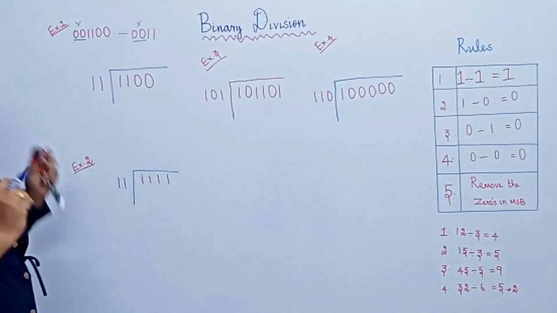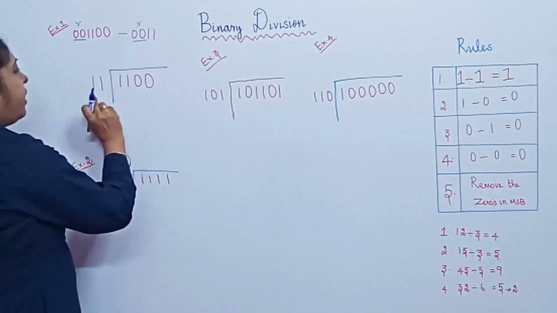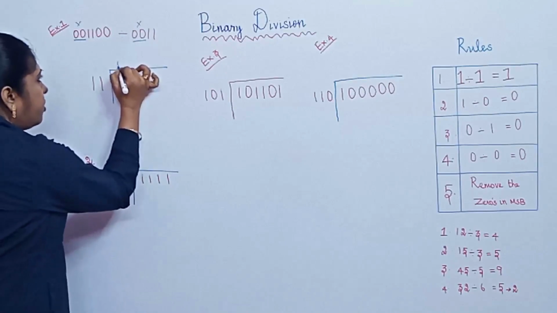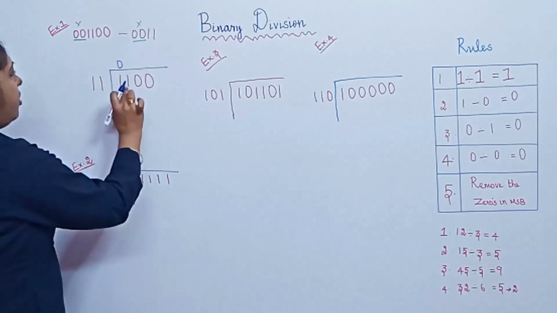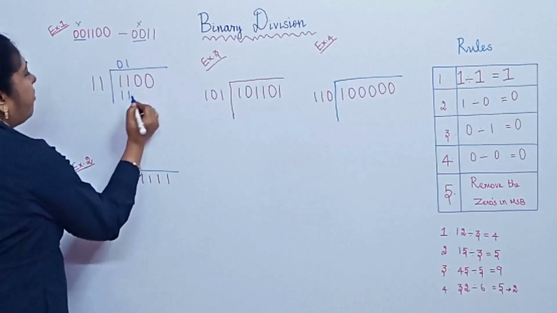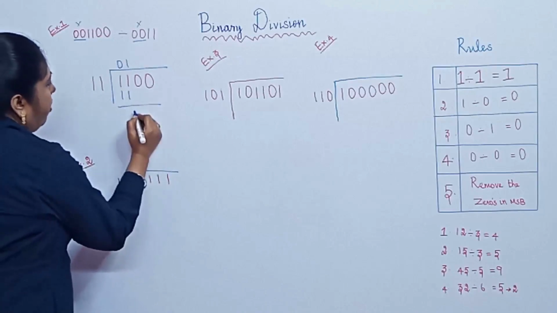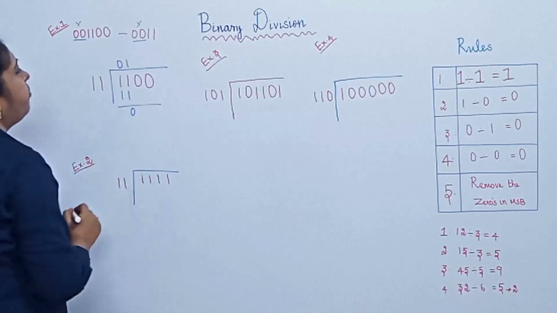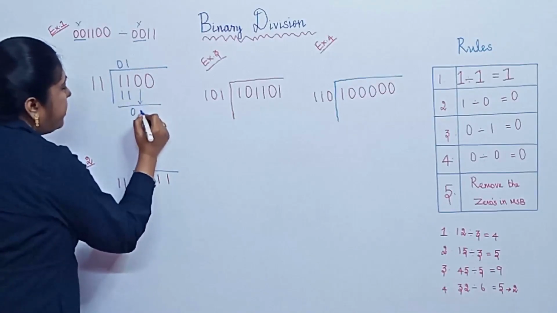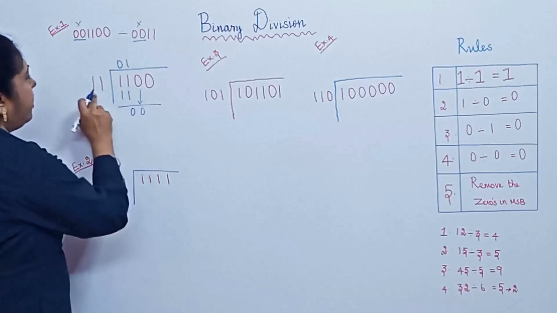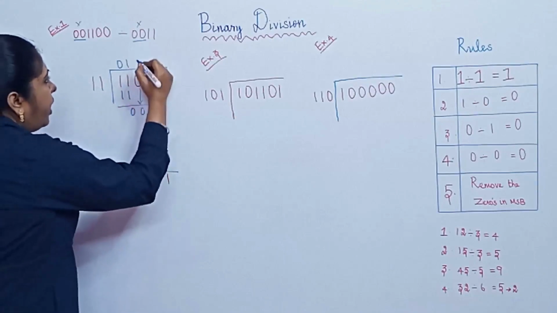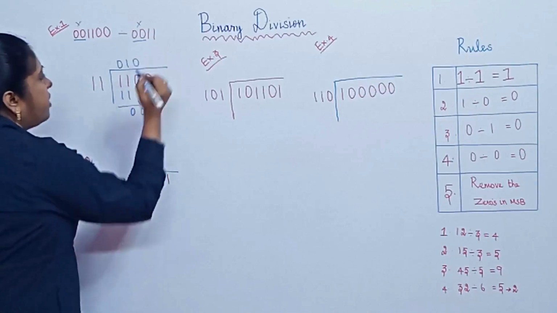Now we want to solve this example. Consider 11. The first digit 1 cannot be solved, so we place a 0. Next 1, so 1 times 11 here, 0 here, and then we bring down the next digit 0. This cannot be divided by 11, so we place a 0 here.